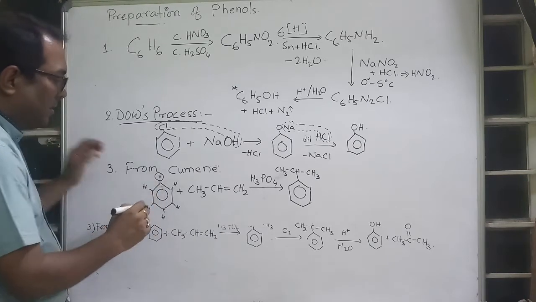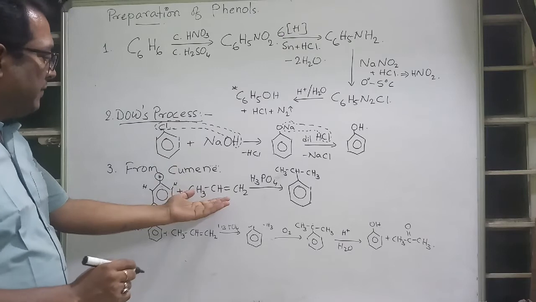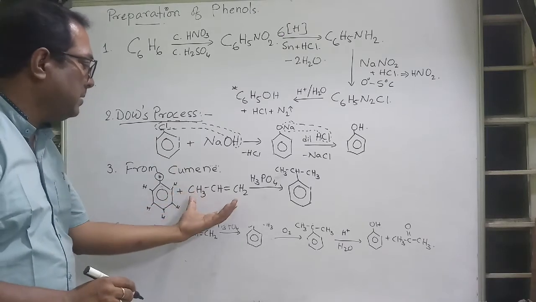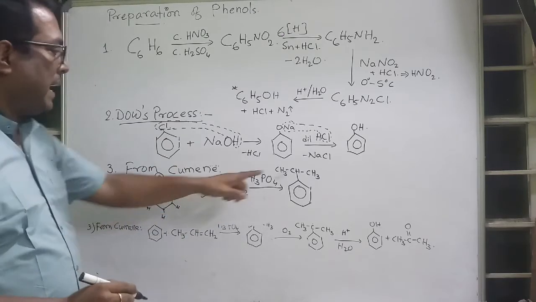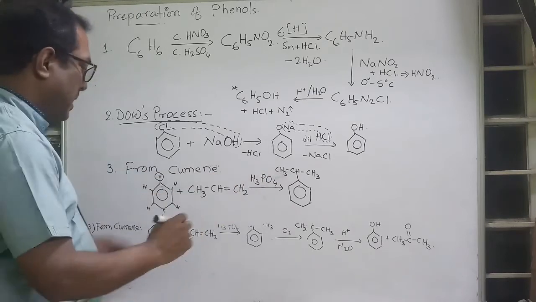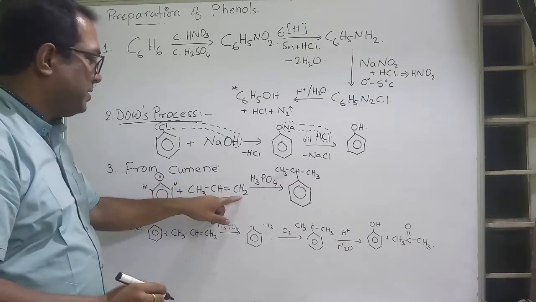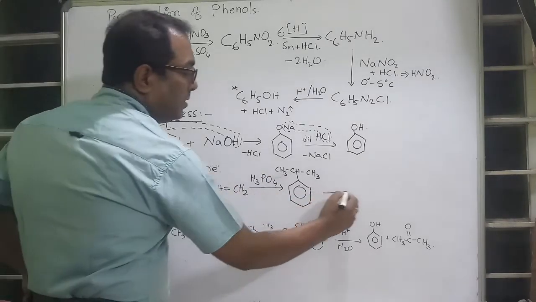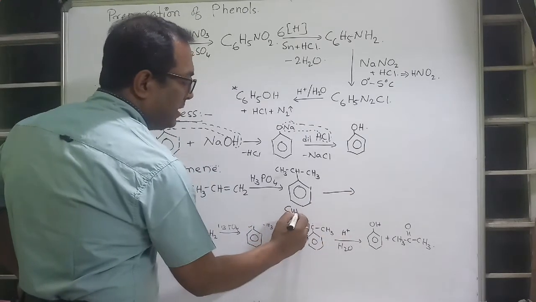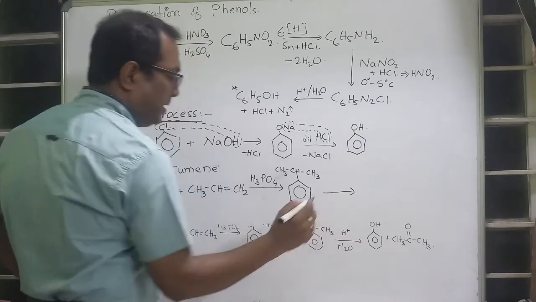This hydrogen is lost, giving a chance for propylene to add here, and this hydrogen is carried back, and this is what we call cumene.